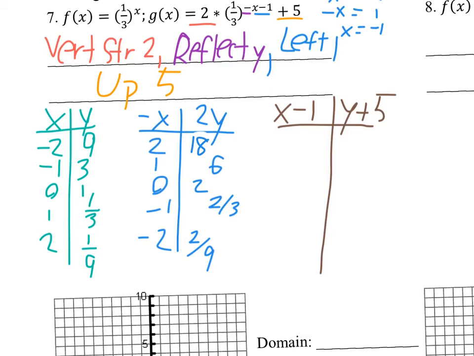X minus 1 from the previous column. Our new column of x's is going to give us 1, 0, -1, -2, -3.